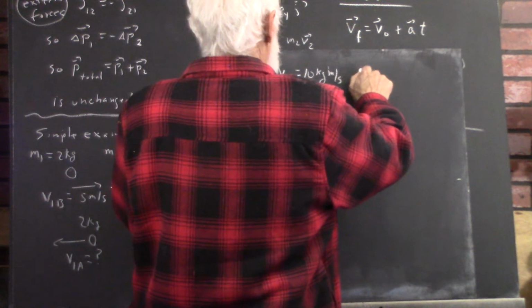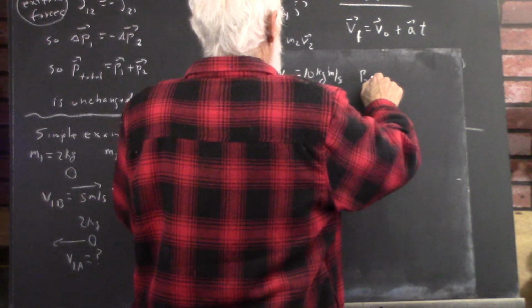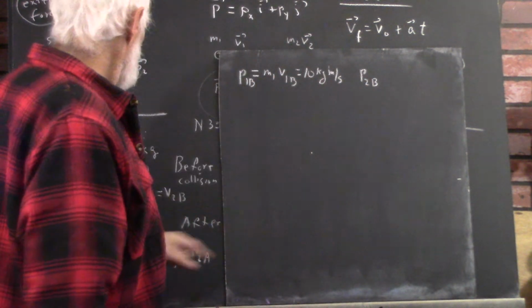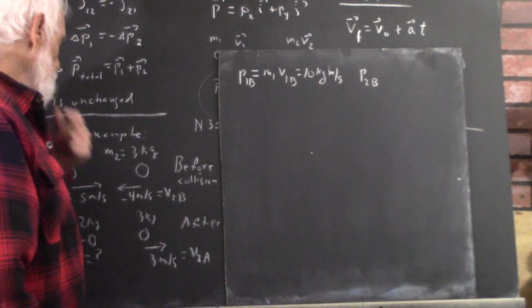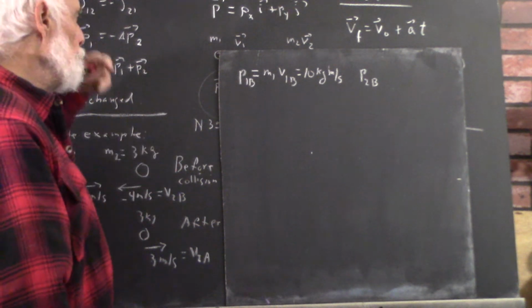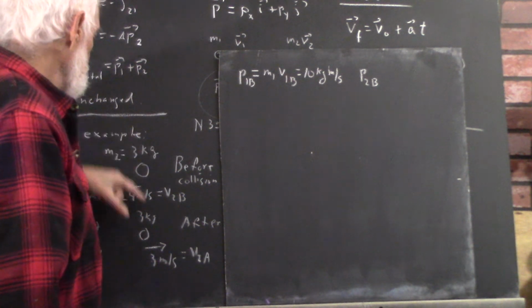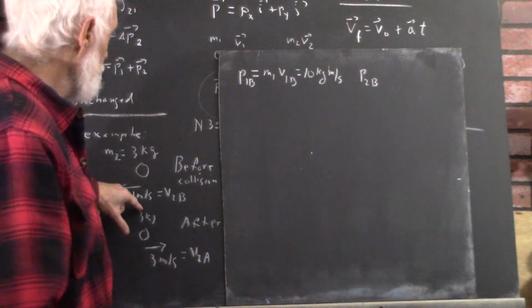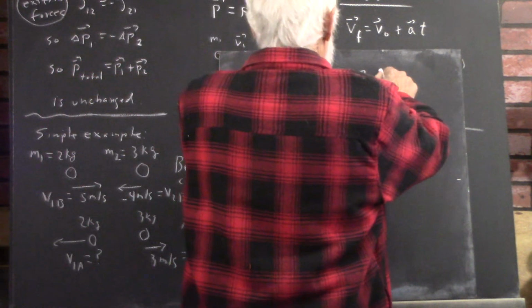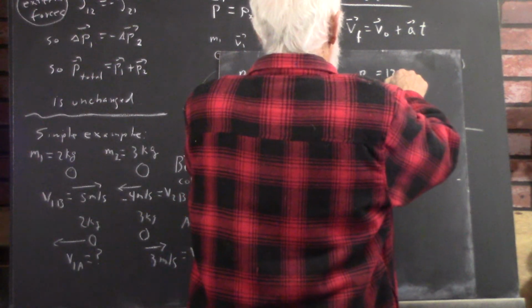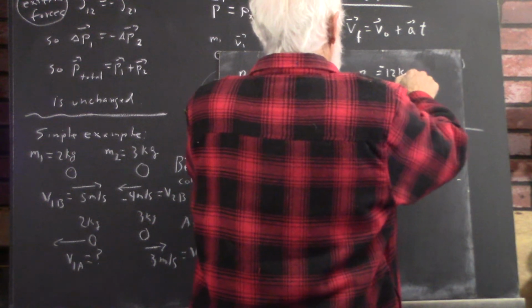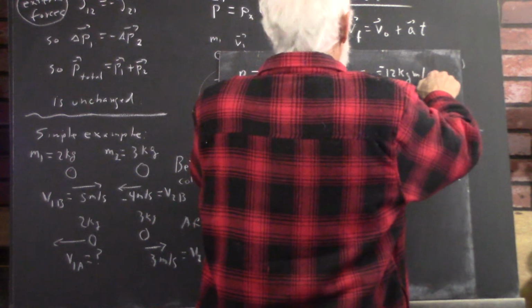So that's 10 kilogram meters per second. P2B is 3 kilograms times negative 4 meters per second. That's negative 12 kilogram meters per second.